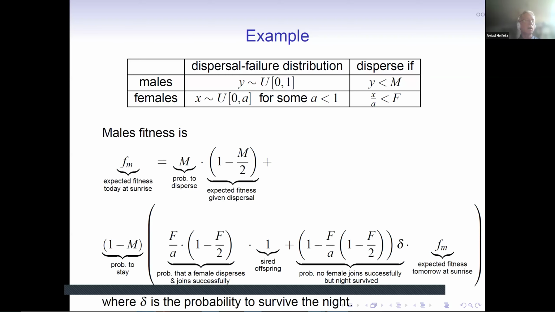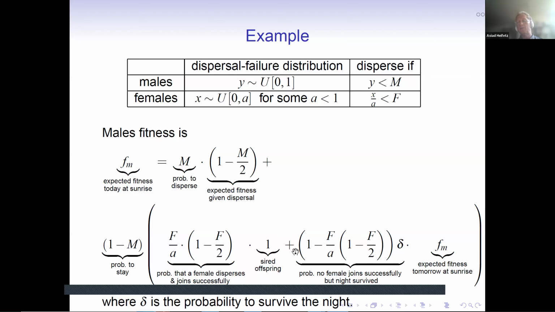So here's the heart of the model. My expected fitness today is this: either I get a good signal and I disperse, and this is the average probability I fail, and this is the probability I succeed. Or I don't disperse, a female joins and I sire offspring with her.